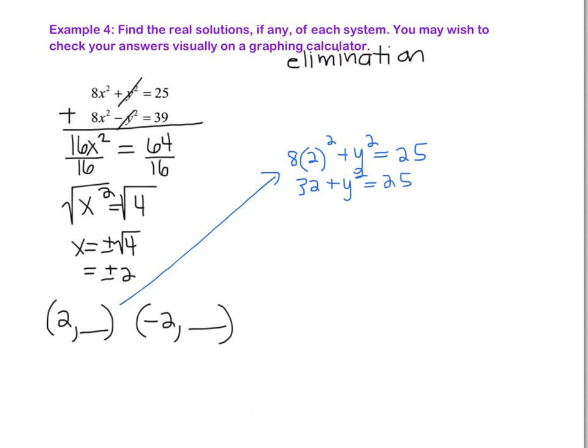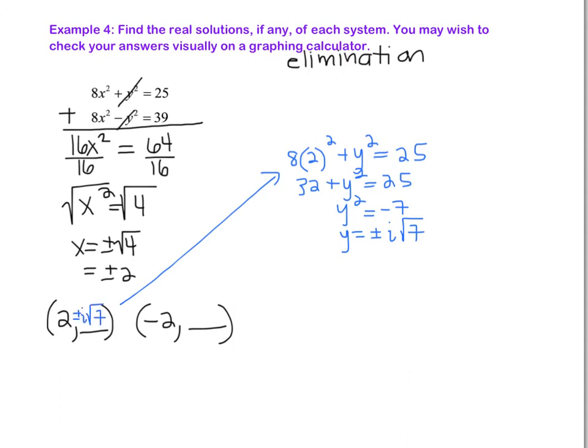If I subtract 32 from both sides, I get y squared equals negative 7, and then I square root both sides, and notice what's going to happen. I'm going to get an imaginary number. So we don't get a real solution from that point.